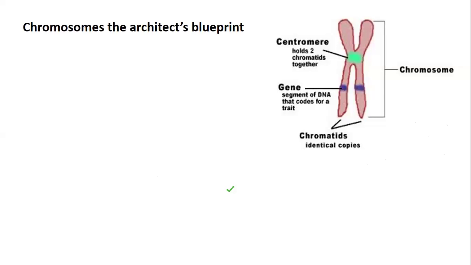So here I have chosen to call the chromosome the architect's blueprint. Some of you may have seen building plans. When they are going to construct a house, they usually get in touch with a specialist known as an architect. He's a scientist who is going to draw the plan on paper.